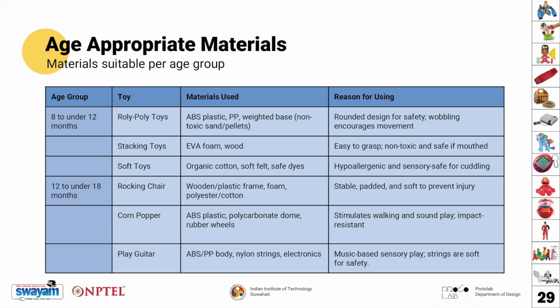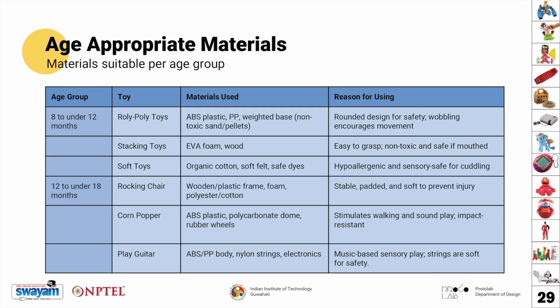A corn popper toy, often made from ABS plastic with a polycarbonate dome and rubber wheels, is designed to stimulate walking. As the child pushes the toy, colorful balls pop inside the dome, creating sound and visual excitement while supporting early mobility.